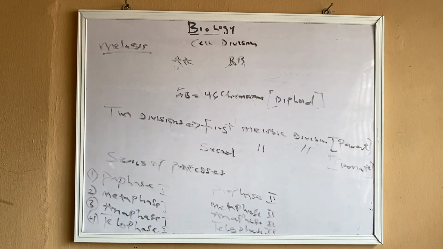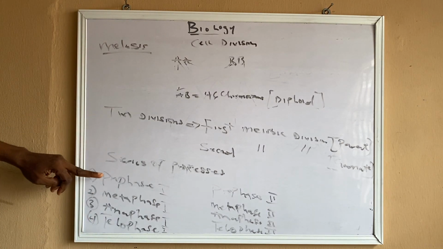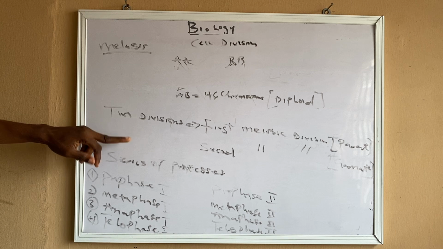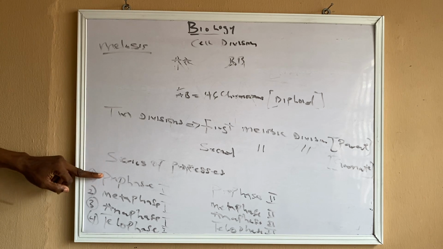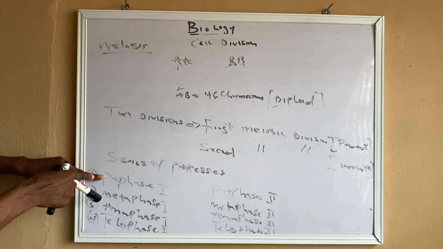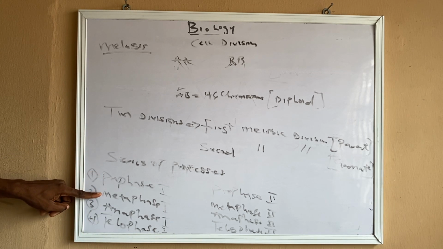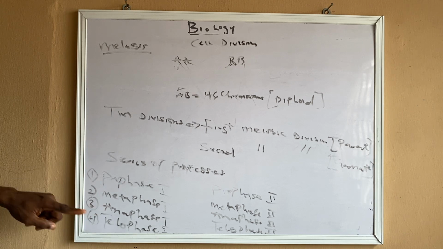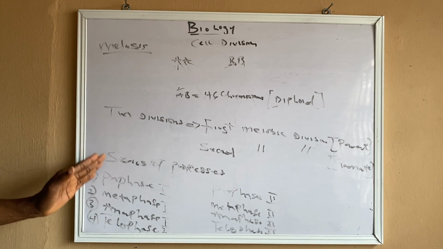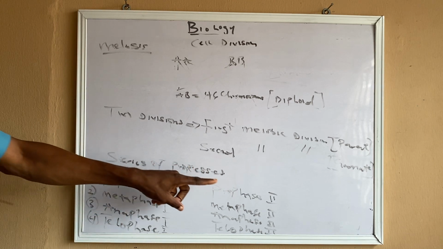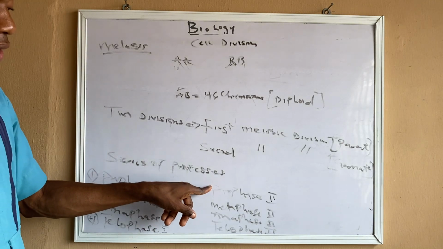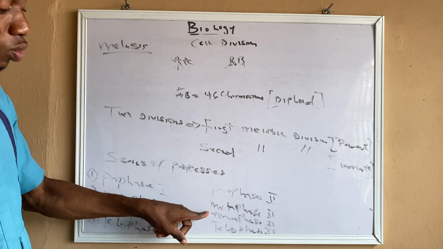This is the first one that comes when the division begins to start. The Prophase 1 will come into play, followed by the Metaphase 1, followed by the Anaphase 1, and the Telophase 1. Once this series is completed, it comes back to Prophase 2, Metaphase 2, Anaphase 2, and Telophase 2.